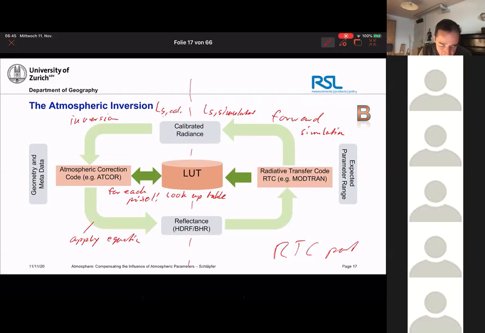If you have all the parameters, you can apply the equation I've been explaining before. Then you get kind of a reflectance on the ground. Of course, the geometry is going into here as well, because otherwise you couldn't do the retrieval of all the parameters. So that's pretty much explained what should be done in theory.